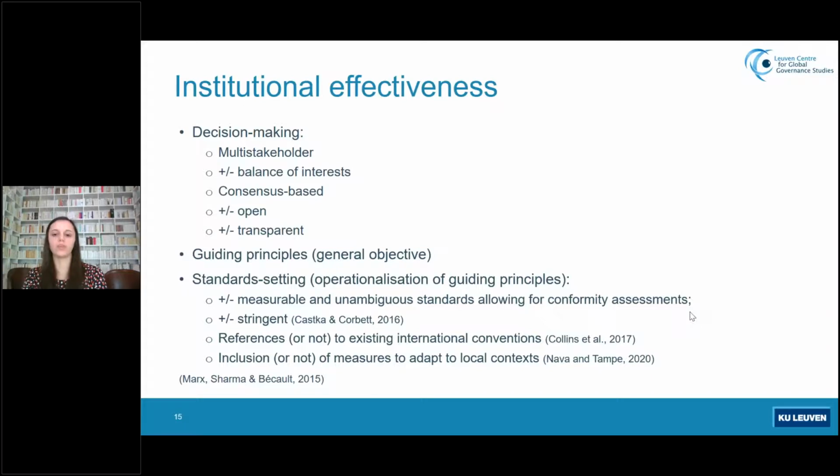And basically they show that about 78% of the VSS that they analyzed make those references to international conventions. And Axel also worked on that topic, and he finds comparable results.